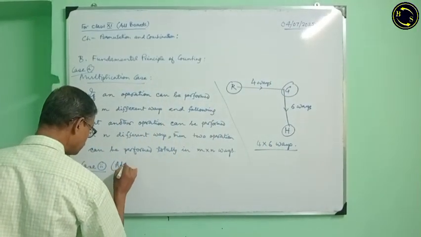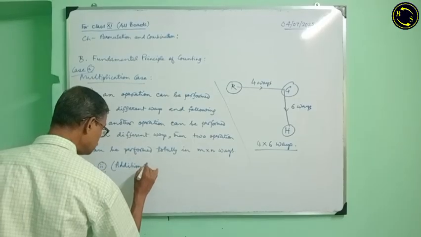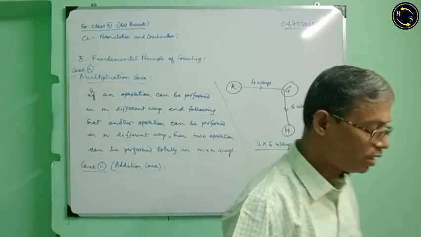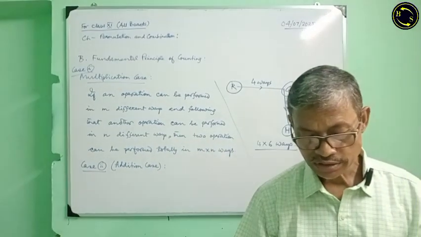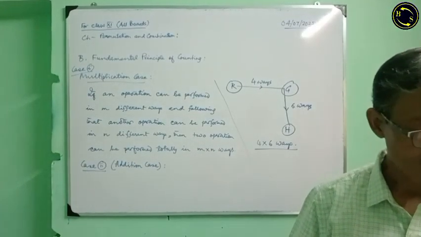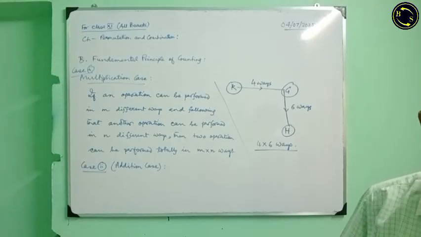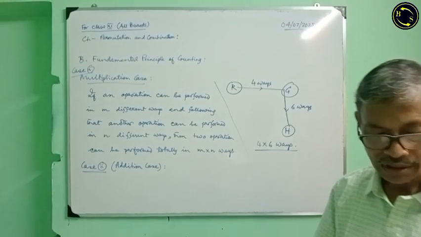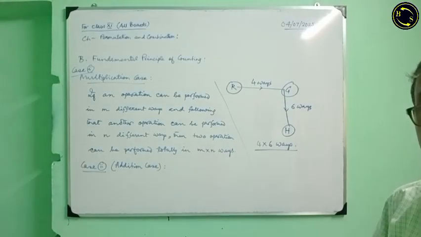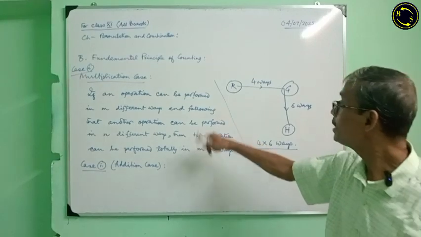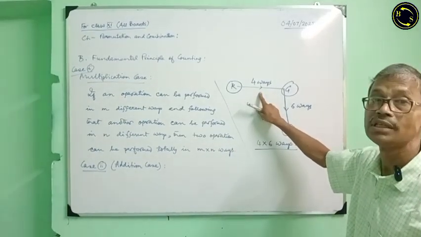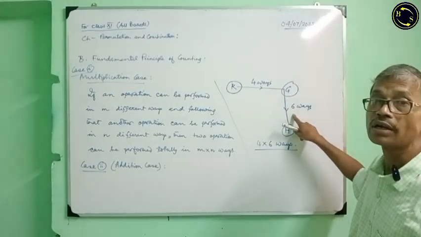I mentioned that this is stated like this: if two events occur exclusively in exactly m ways and n ways respectively, then either of the two events can occur in m plus n ways. In the first case, after the performance of the first activity, the second activity will occur.